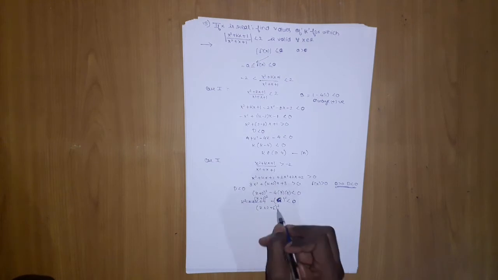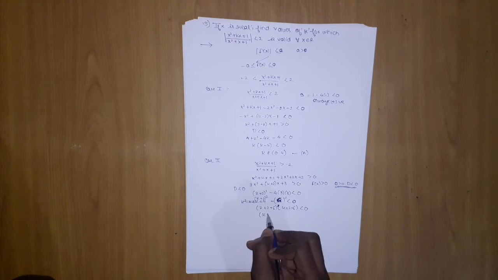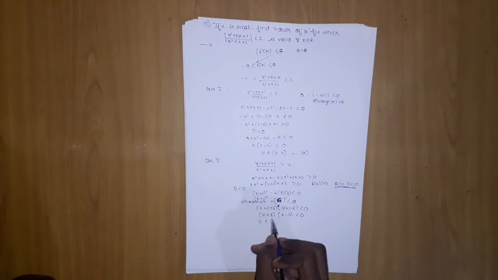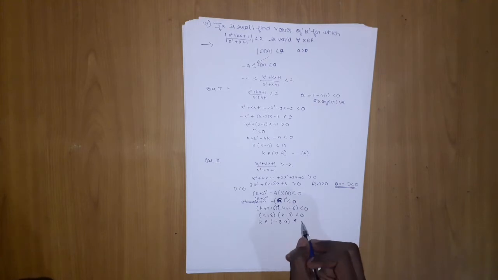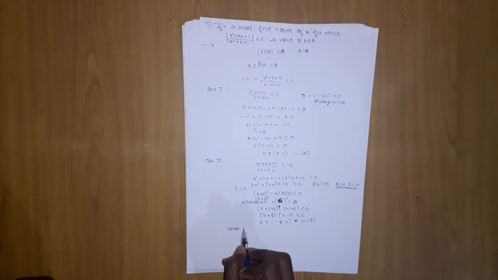Then (k plus 2 plus 6) into (k plus 2 minus 6) should be less than 0, right? So it will become (k plus 8) into (k minus 4) should be less than 0. So k belongs to minus 8 to 4. We got k. Now taking this as A and this as B, the union of A and B.